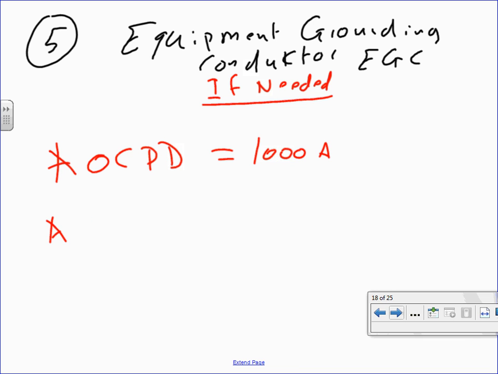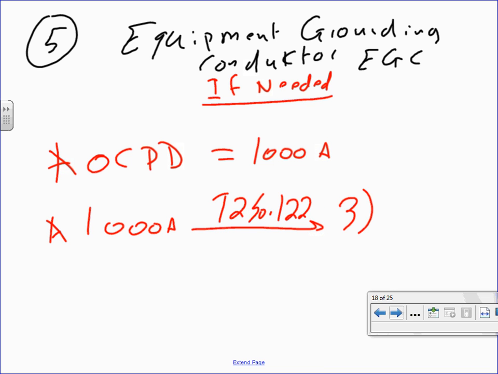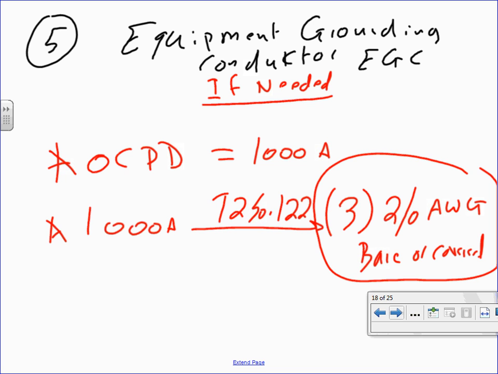You take the 1,000 amp to table 250.122, and that will get you 3 conductors because we have 3 conduits. Each one of them is 2-aught AWG, bare or covered or insulated.